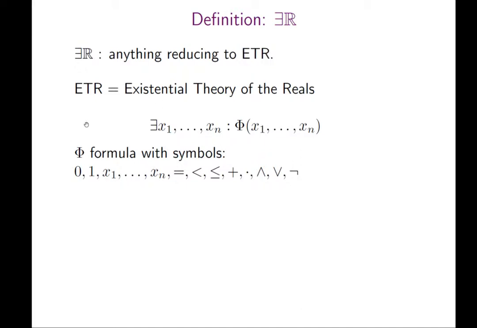So we say the existential theory of the reals is just all true formulas, where we ask: does there exist real variables satisfying some formula? And then the whole thing is also a formula. So we have this certain kind of formulas where this part here is quantifier free and it is a well-formed formula with those symbols.